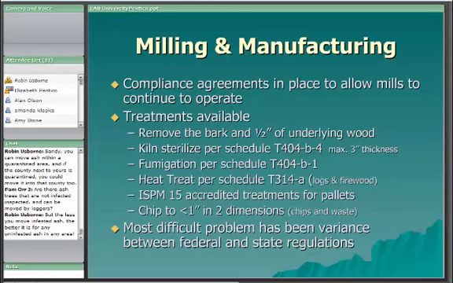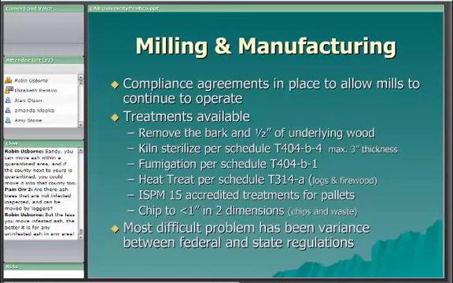There is a special heat treatment for pallets and dunnage and materials that are used as packing material for trade that also will meet emerald ash borer requirements. And then we have a chipping protocol where if material is chipped to less than an inch in 2 dimensions, then it can be certified for movement as well.